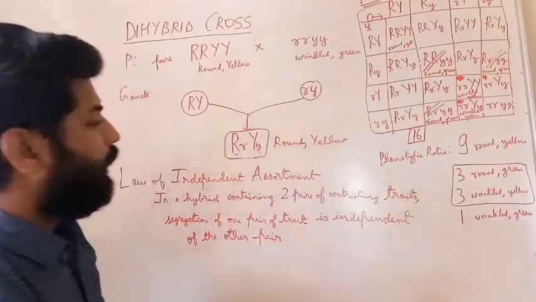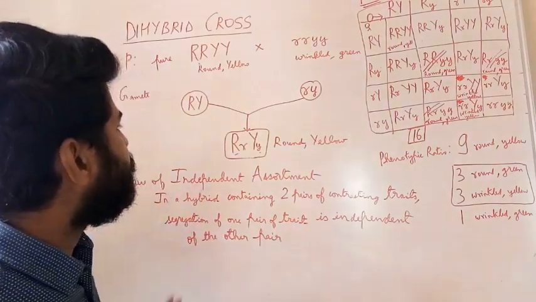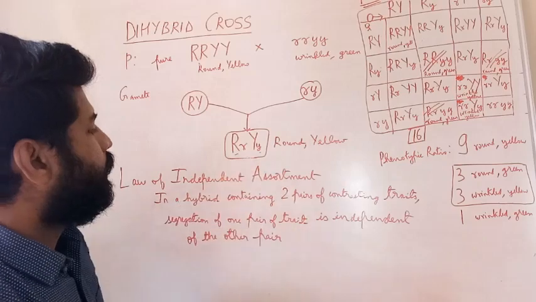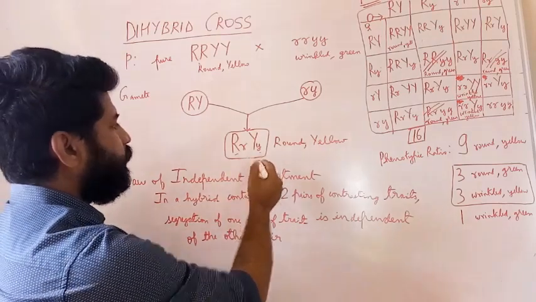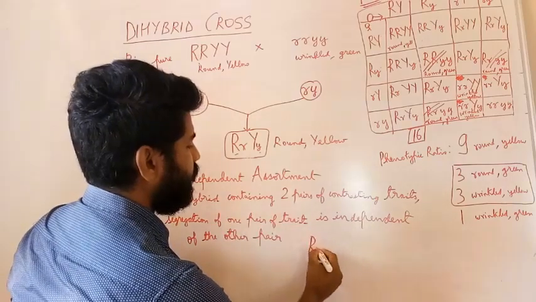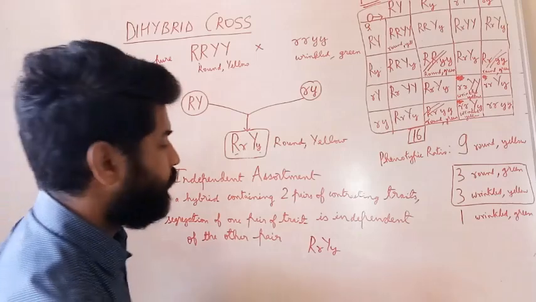That is the law of independent assortment. What does this mean? It is very simple. This is round and yellow. Now, when these will get segregated during the gamete formation, that is RrYy, how do they get segregated?